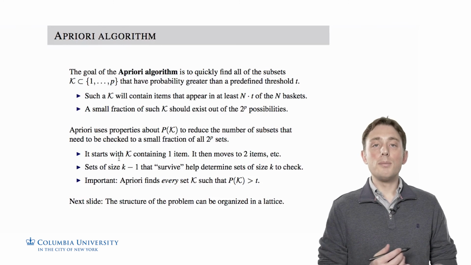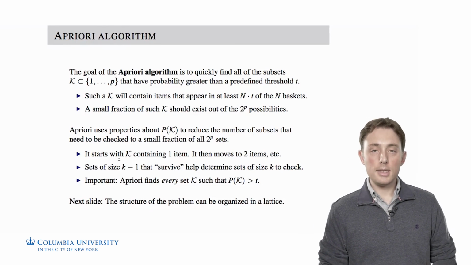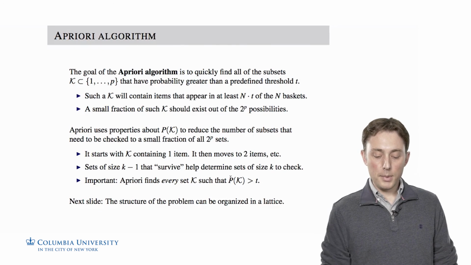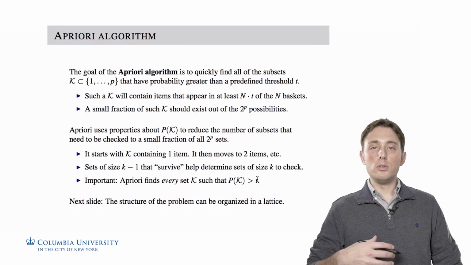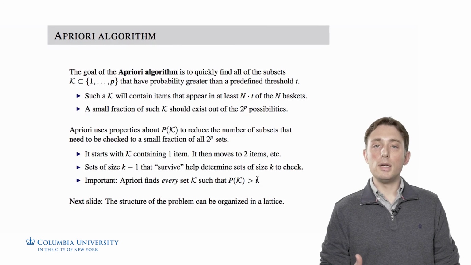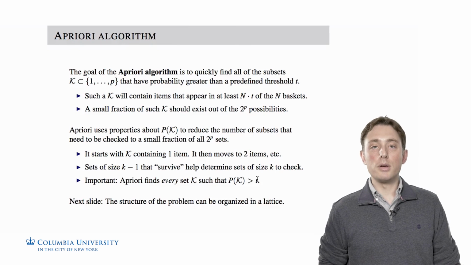What's important about the algorithm we're going to discuss is that it's going to find every single subset such that the empirical probability of that subset is greater than T, but it's going to use certain properties about probabilities to eliminate subsets without even bothering to check them.